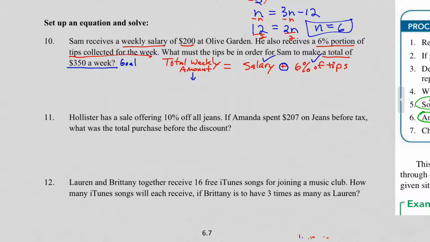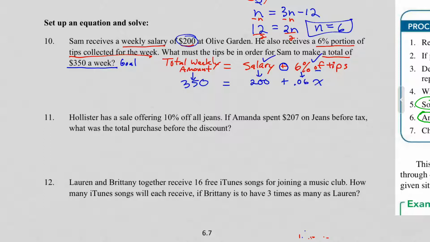So the goal for the weekly amount is $350. The salary from the word problem is $200. 6% needs to be translated into 0.06. Okay, it's not 0.6 because 0.6 is 60%. 0.06 of means times, so 6% of X, okay?